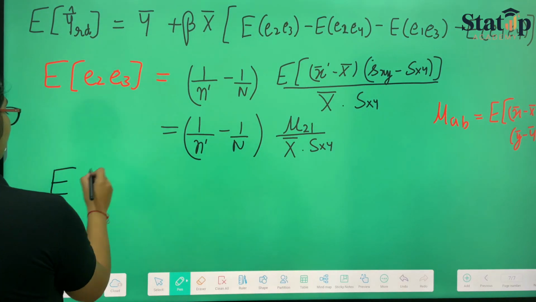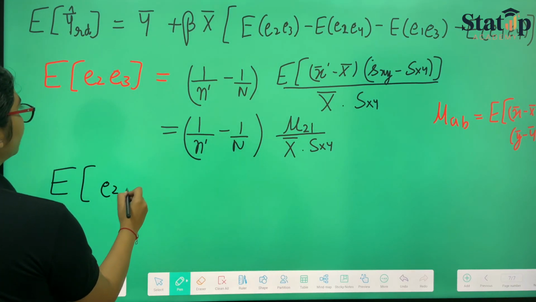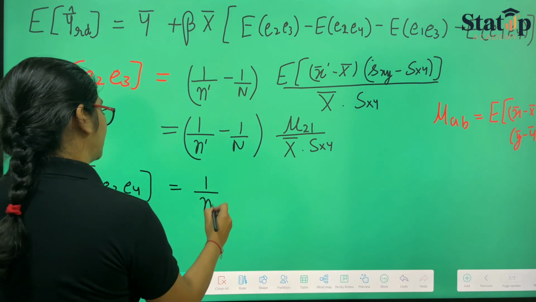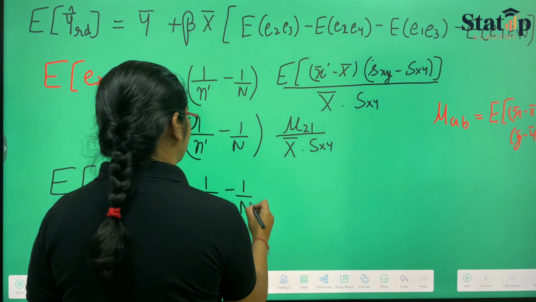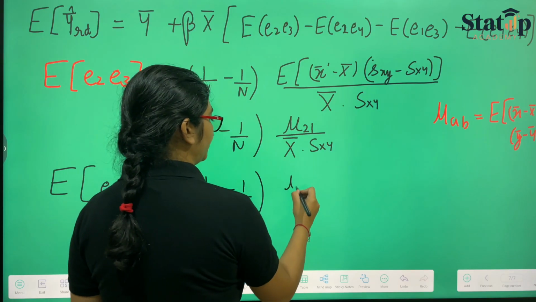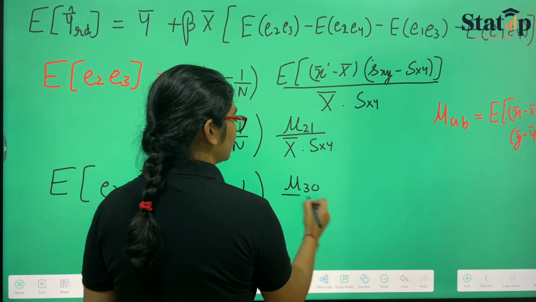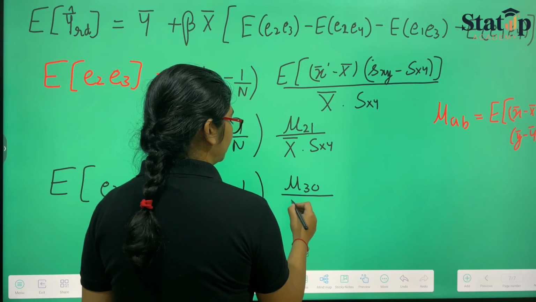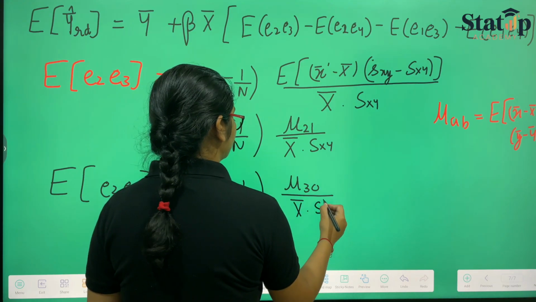Similarly, the expectation of e2 e4 would be 1 upon n prime minus 1 upon capital N into mu 30 upon x bar into sx square.